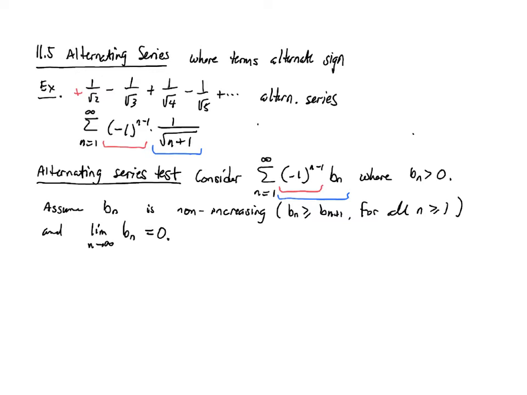But because we have an alternating series and we have this non-increasing pattern with the limit equals 0, the conclusion that we get to draw is that this series actually converges. So this is a very strong test for convergence of alternating series. Now I want to reiterate this: this test only works for alternating series. And on the next page we will talk about this for a specific example.